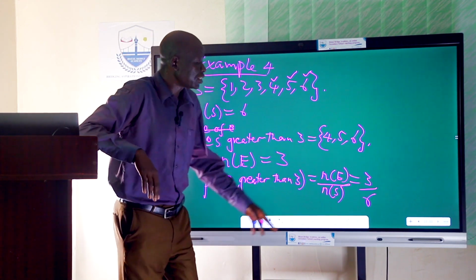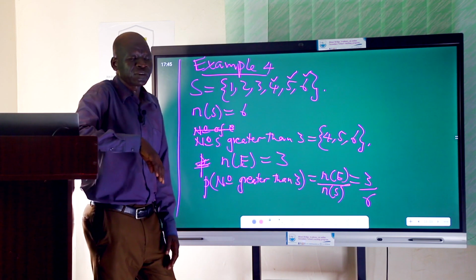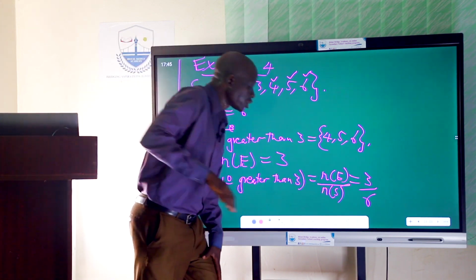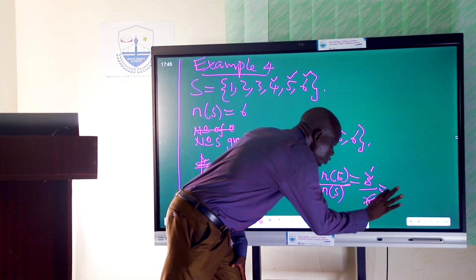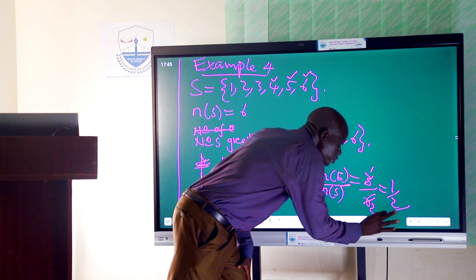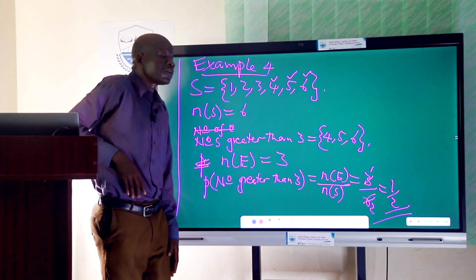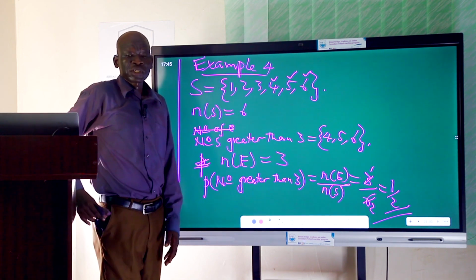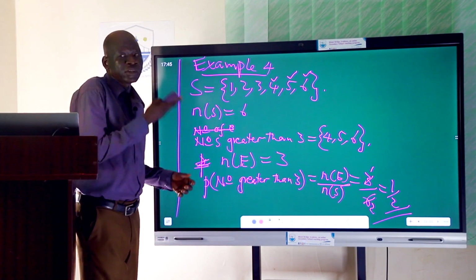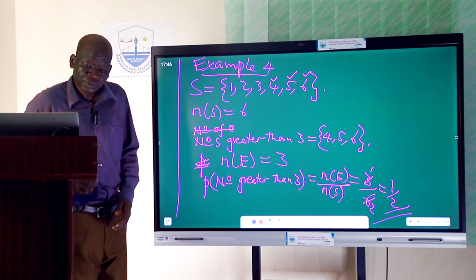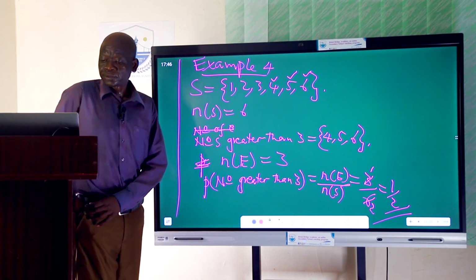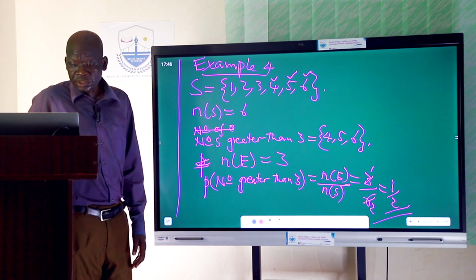But when you look at the 3 and the 6, they have a common factor. So we shall reduce by 3 once, by 3, 2. So we shall have a half. So therefore, the probability of getting a number greater than 3 is equal to a half. We can continue.